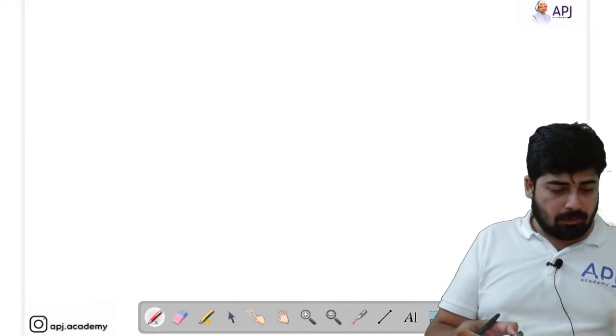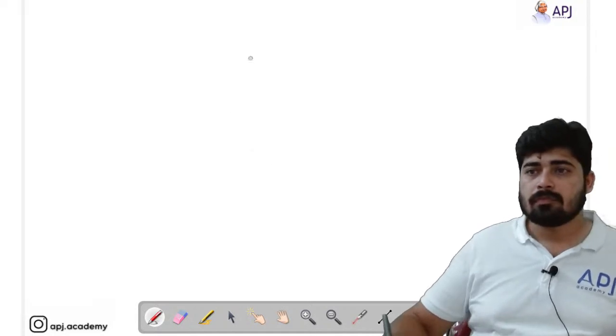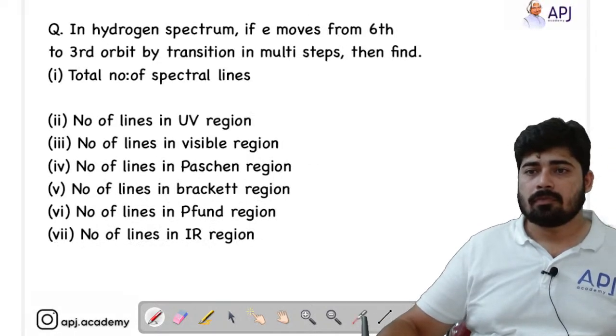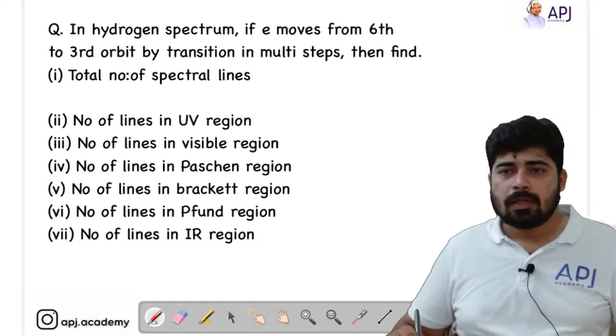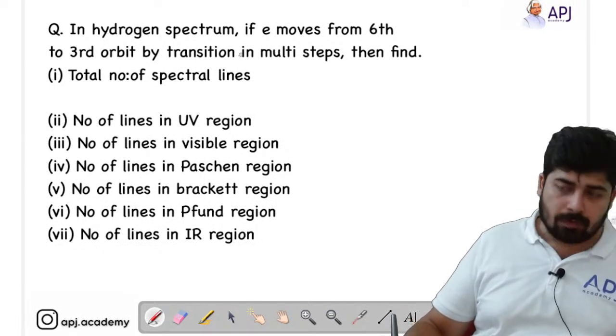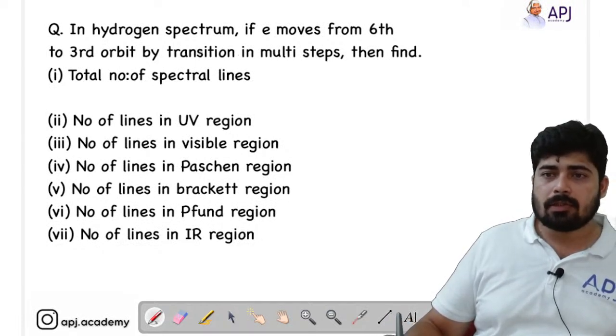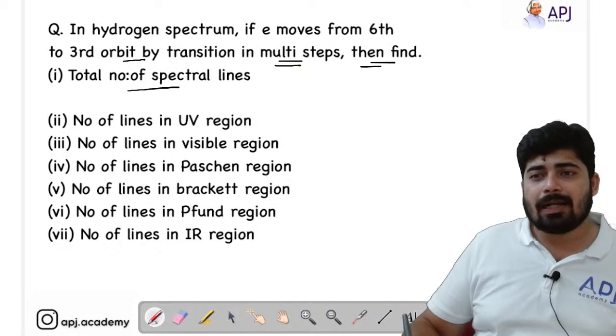Right. Now let's do this question. In the hydrogen spectrum, if an electron moves from the 6th to the 3rd orbit by transition in multiple steps, find the total number of spectral lines.